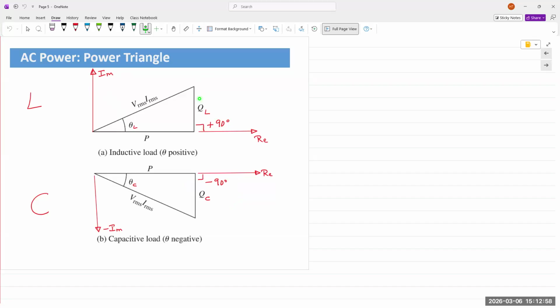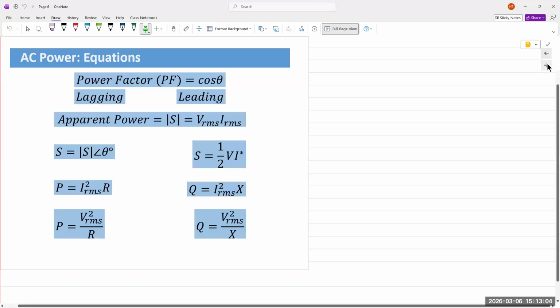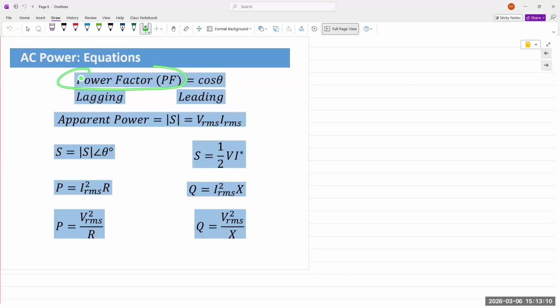In an ideal system, it would be 0. Hence, mathematically, we use the cosine of this power angle, and we coin a new term known as power factor, which is what we did in lab 8. Power factor is the cosine of the power angle, cosine theta. And we state it in terms of percentage.